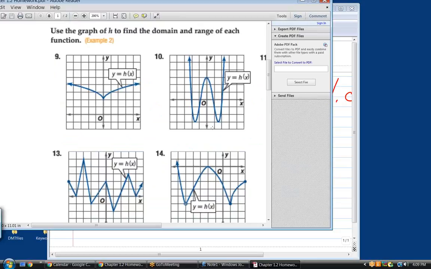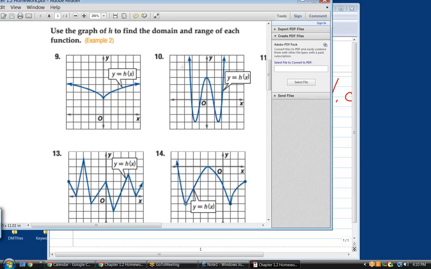Number 10, what does the domain look like? It looks like it goes a little bit over 2, or negative 2. Well, if that were true, there would be a vertical asymptote there, right? You're saying that maybe there's a vertical asymptote at x equal to negative 3.